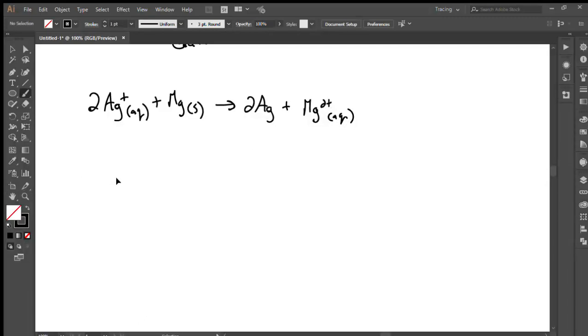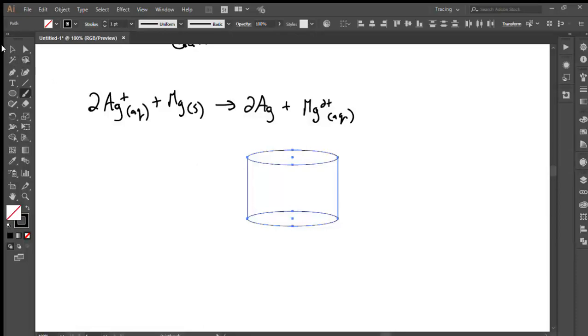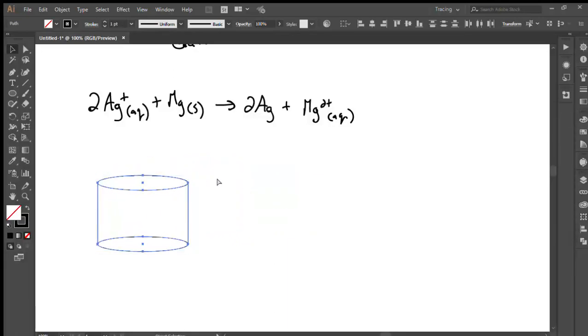So if we draw out our two, let's see if I can do a better job of drawing it. First try, look at that. So if we do our two containers, okay.